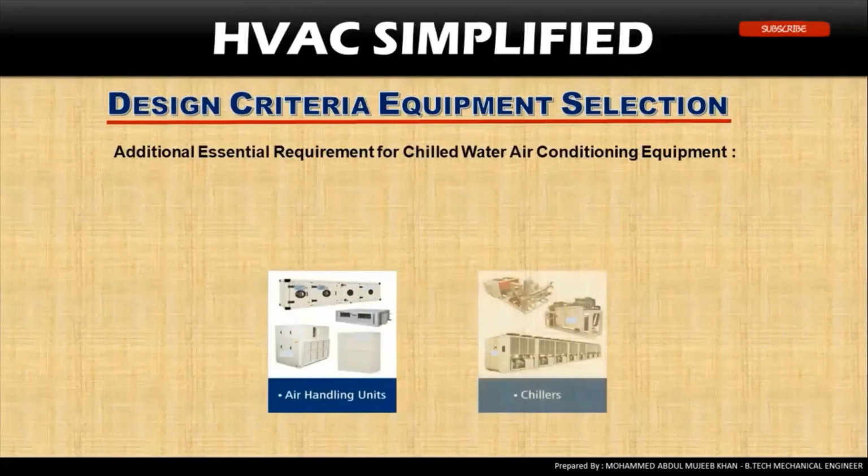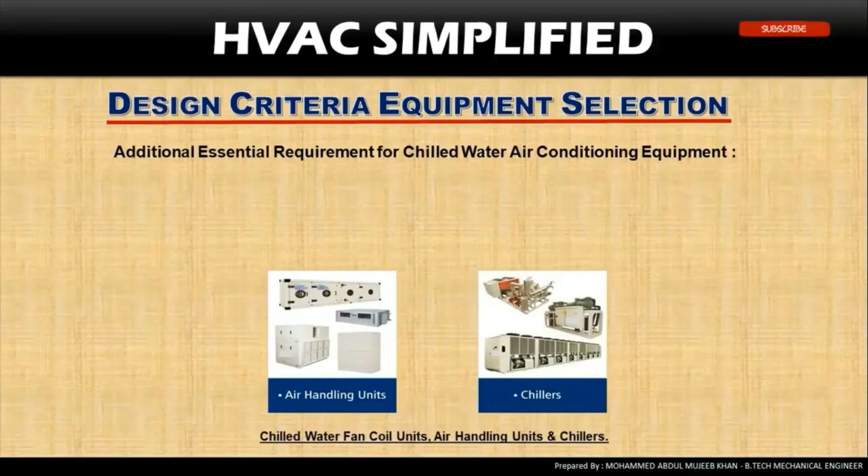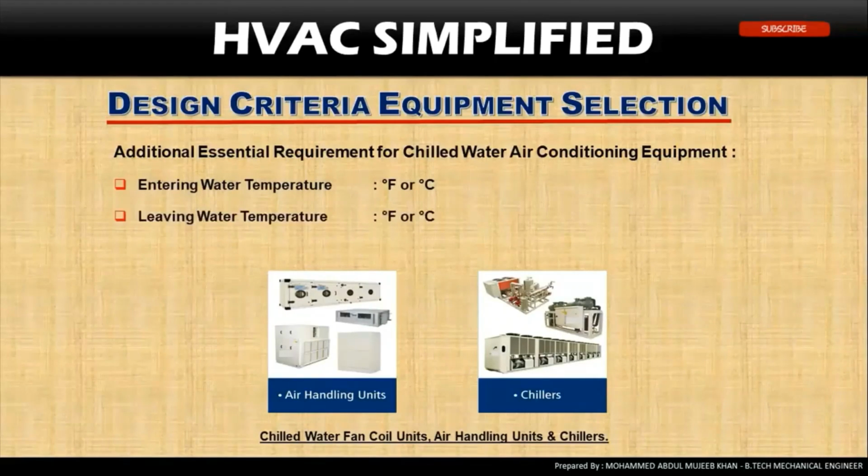Additional essential requirements for chilled water air conditioning equipment. Basically, an HVAC system comprises a DX system, direct expansion system, and a chilled water system. For any chilled water system, these are the important additional essential requirements along with the previous ones: entering water temperature, leaving water temperature and chilled water flow.